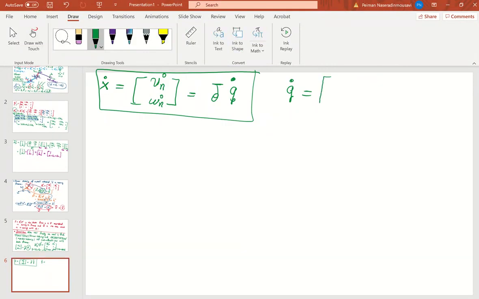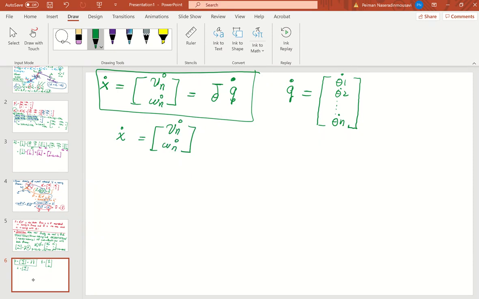Q dot, as you have seen in this example, theta 1, theta 2, theta 3, and for Baxter you have theta 7, is the vector of theta dot 1, theta dot 2, for Baxter theta dot 7, but I'm saying theta dot n. Suppose that you have n links, n degrees of freedom, sorry. On the other hand, x dot is equal to v with respect to this, omega with respect to this.